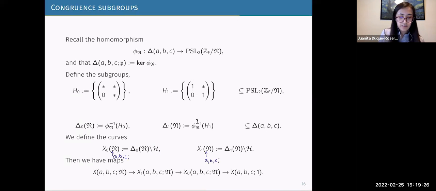And so we can define these curves just as we did before. Then just as in the case of classical modular curves, we have maps that go like this. I'm writing them here because they turn out to be very important whenever we are doing algorithms to enumerate all the curves that have low genus.